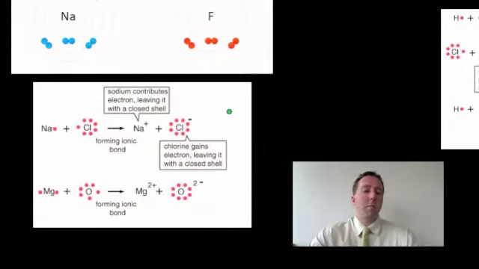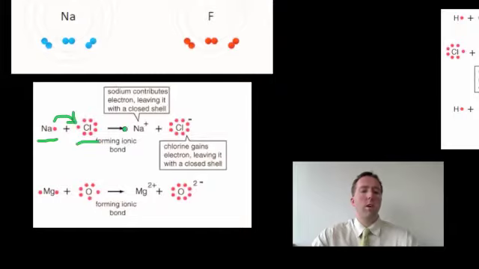I'll give you another example down here. Sodium only has one electron in its outer shell, and in this diagram all that's being shown is the electrons in the outer shell. Chlorine has 7 electrons in its outermost shell. Again, we're only seeing the outer shell, or valence, electrons. Sodium likes to lose one of its electrons, giving it to chlorine.